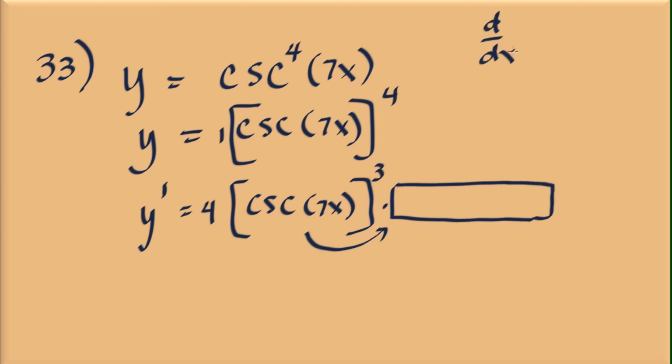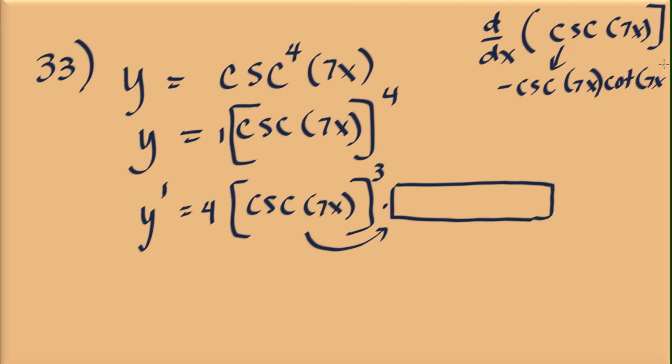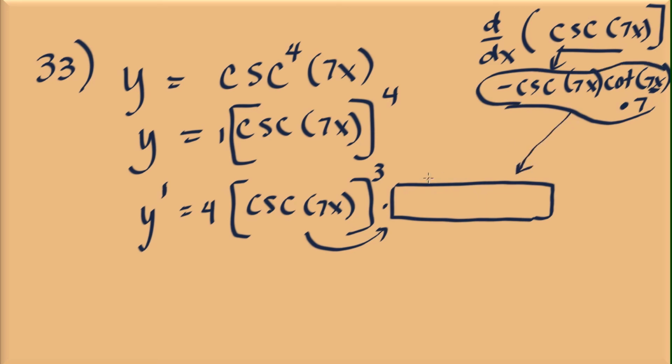So what is the derivative of cosecant 7x? The derivative of cosecant is negative cosecant cotangent, and then multiplied by the derivative of the 7x, which is 7. So the derivative of cosecant 7x is going to be this right here, and that goes inside this box. So multiplied by negative 7 cosecant 7x cotangent 7x.